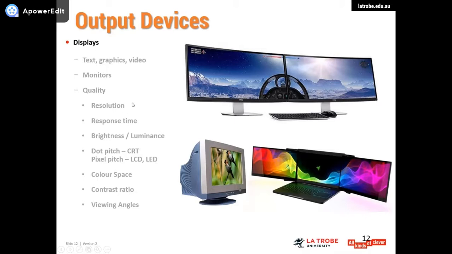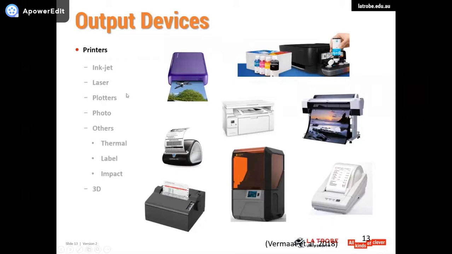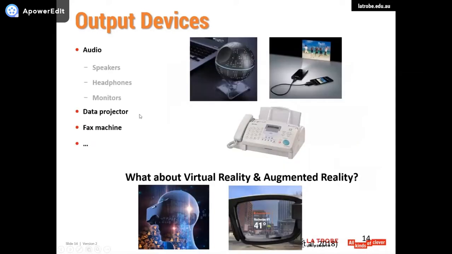You should know all these basic concepts. Then the printers: what are the different printers, and for each printer, what can we use it for? And audio: we have speakers or headphones, monitors to play the sounds, and also some other output devices you should always bear in mind.